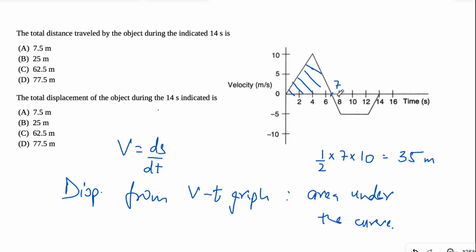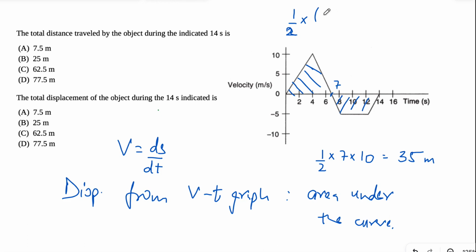Now in the negative direction, you see between t is equal to 7 to t is equal to 14, there is a trapezium. What's the area of a trapezium? Half into the sum of parallel sides. So one parallel side is between 7 and 14, which is 7, and the second one is between 8 and 12, which is 4.